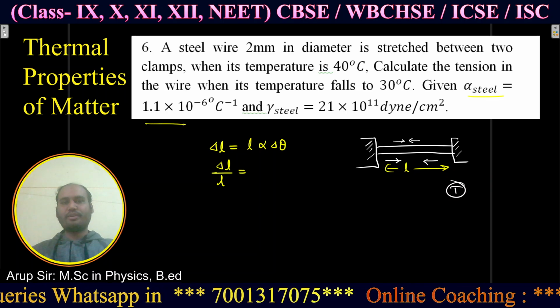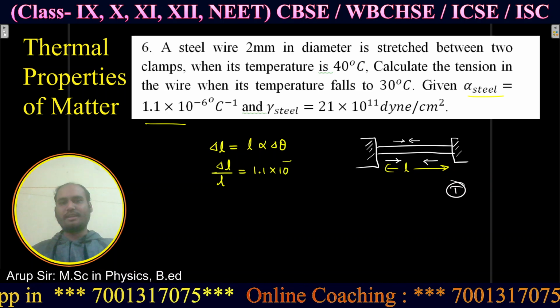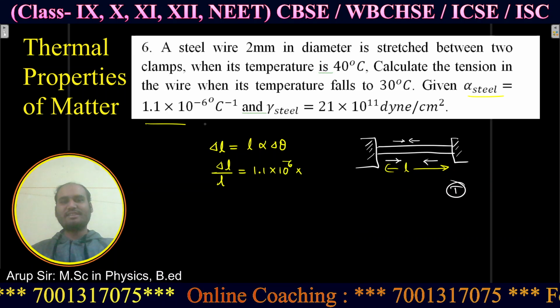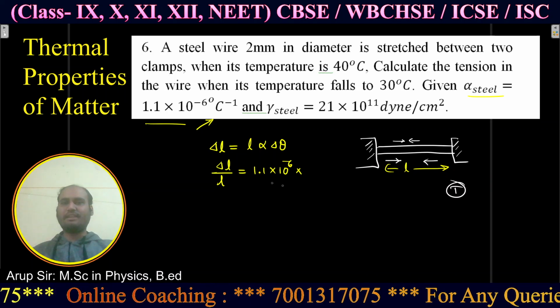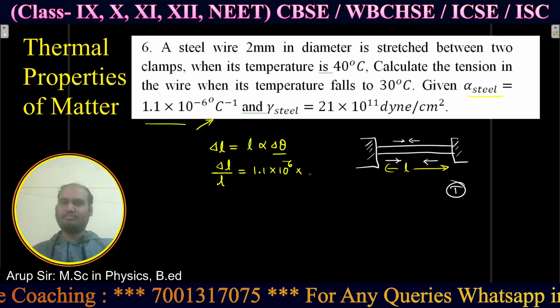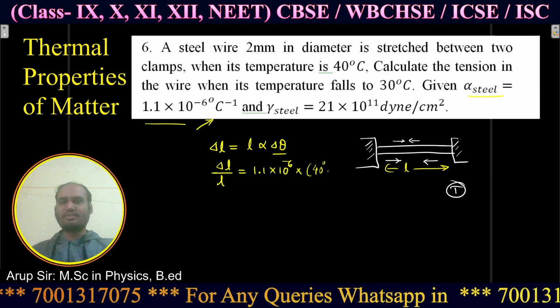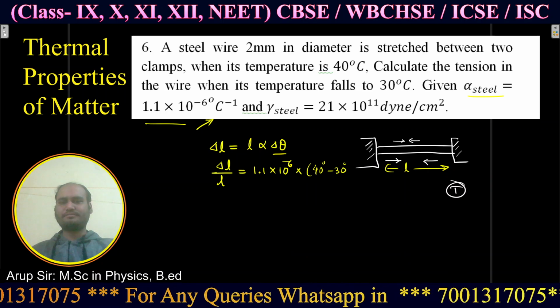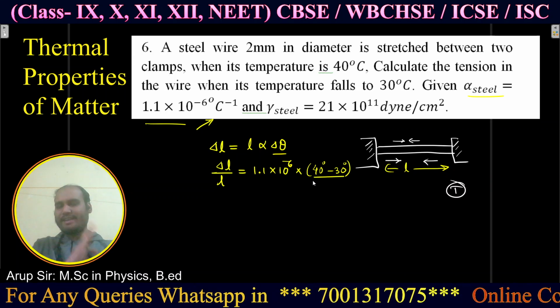That is 1.1 into 10 to the power minus 6 per degree centigrade, it is given, right? So no need to change the unit, even though we are taking the change in temperature. From 40 degrees to 30 degrees we are changing, and we are not putting final minus initial.